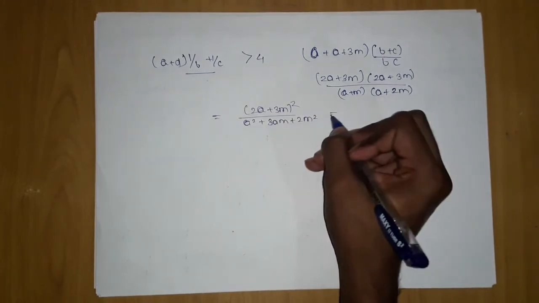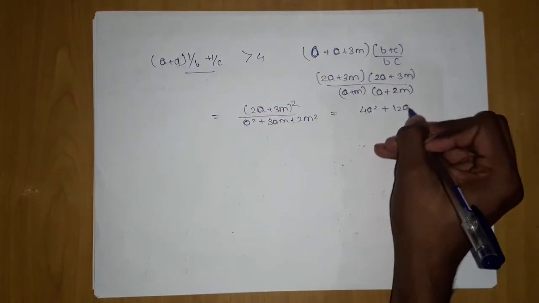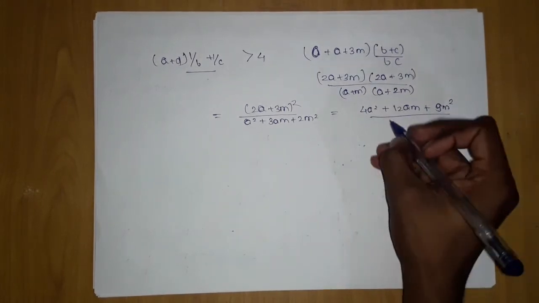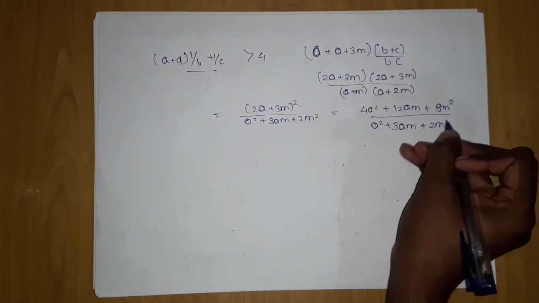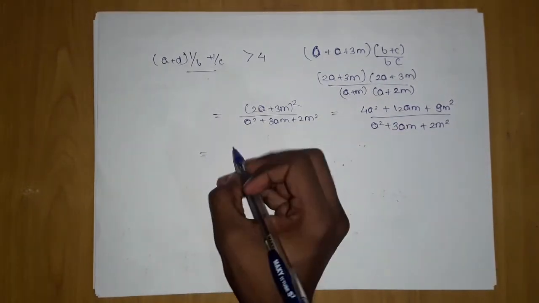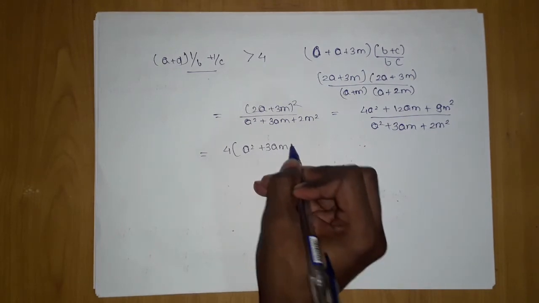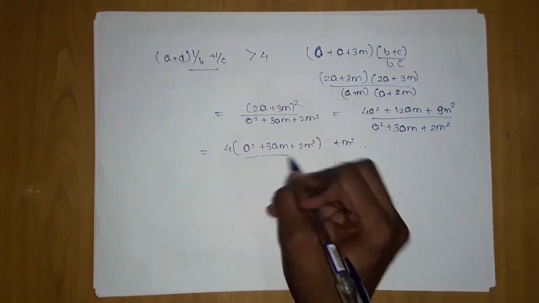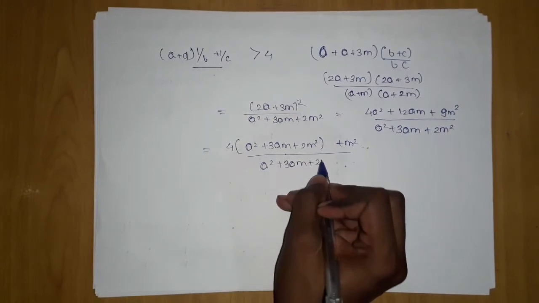Okay, we got this. Now if we open that thing, we get 4a square plus 12am plus 9m square upon this thing, which is a square plus 3am plus 2m square. Now we want to get this term similar to this. If I take 4 common, it is 4 times (a square plus 3am plus 2m square) plus m square, upon a square plus 3am plus 2m square.